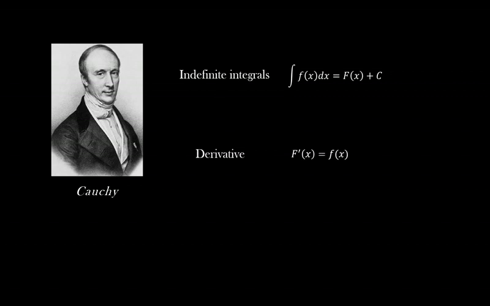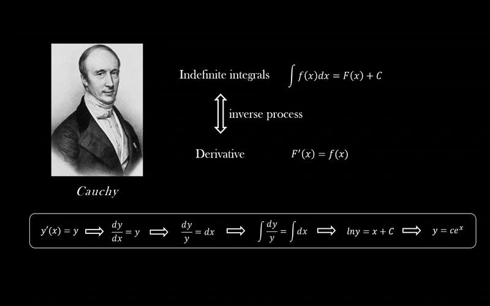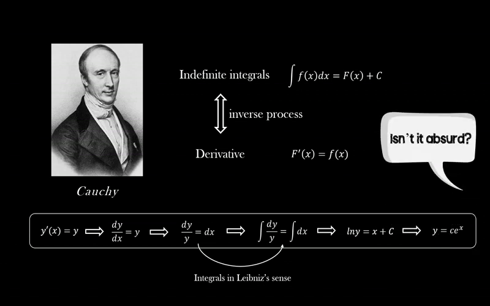In the current system of principles of integrals represented by Cauchy's theory, the indefinite integral is the inverse process of taking the derivative. But when facing equations of derivatives, this kind of indefinite integral is helpless, and we have to transform all derivatives into differentials, and take integrals at both ends in Leibniz's way. Isn't it absurd?